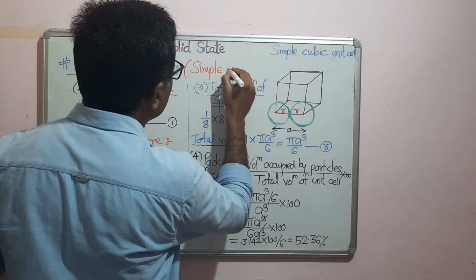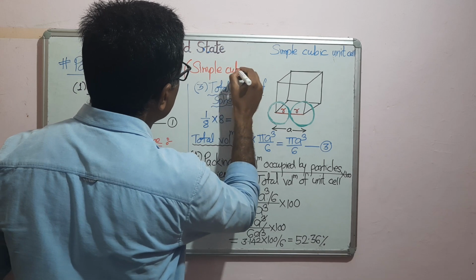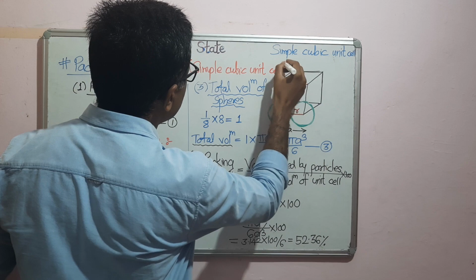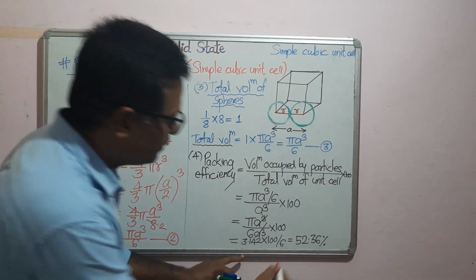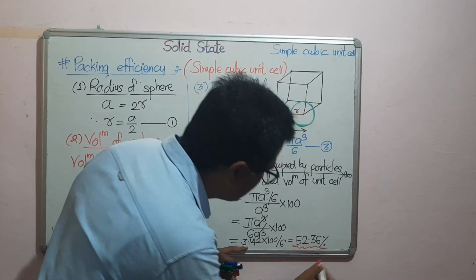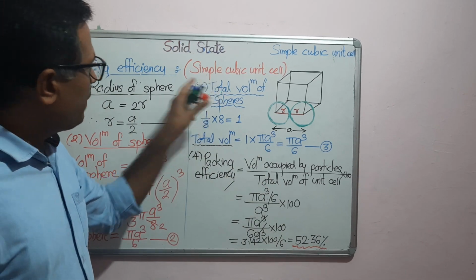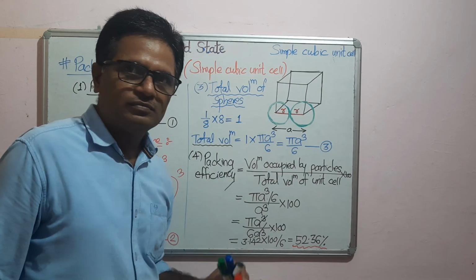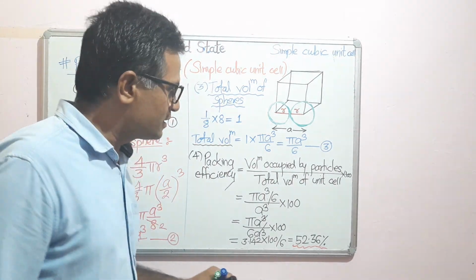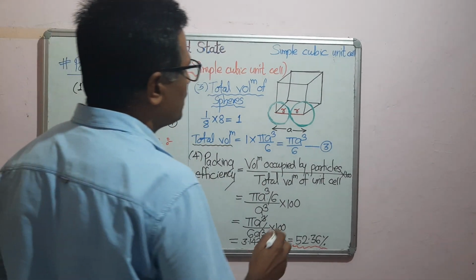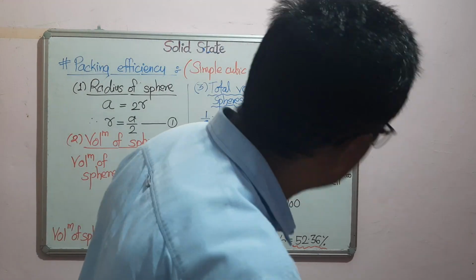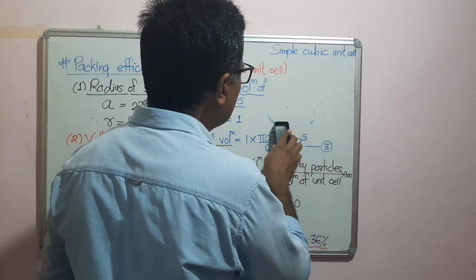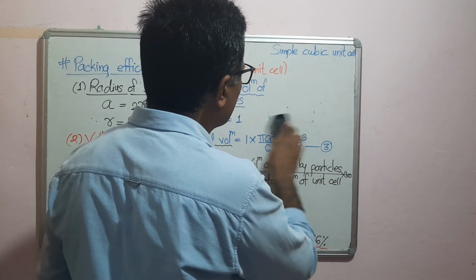Simple cubic unit cell. That means in a simple cubic unit cell, only 52.36% of the space is occupied.